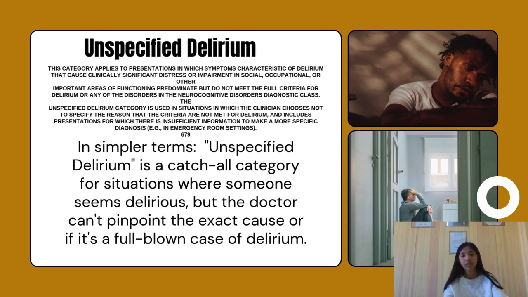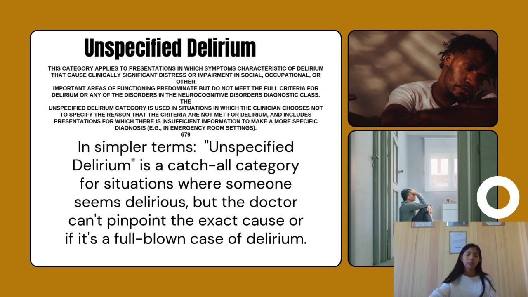Unspecified delirium is used in situations in which the clinician chooses not to specify the reason that the criteria are not met for delirium, and includes presentations for which there is insufficient information to make a more specific diagnosis. So this unspecified delirium is similar to delirium unknown or unspecified cause.